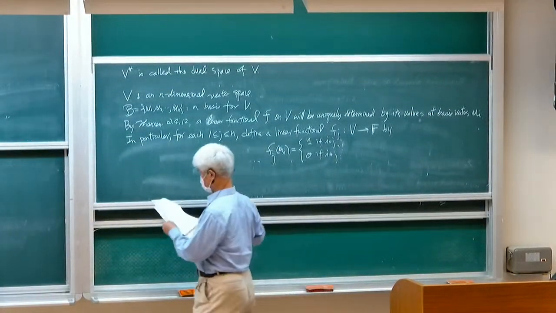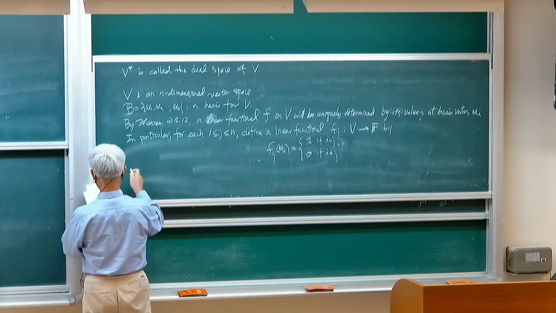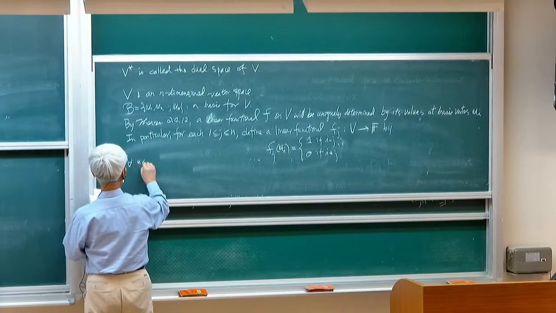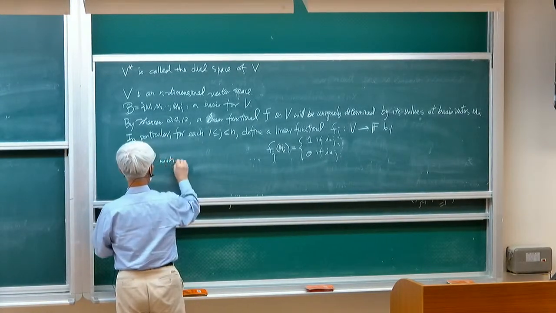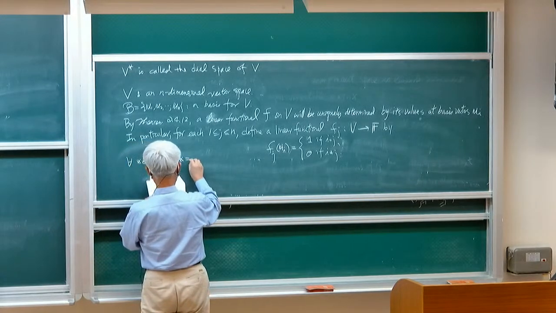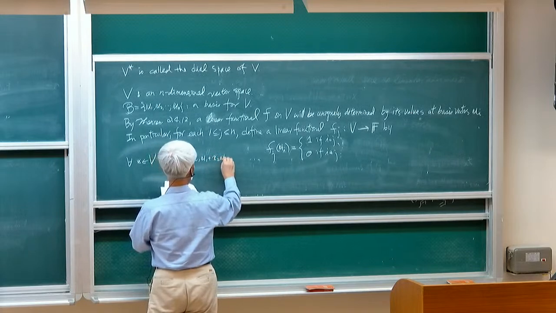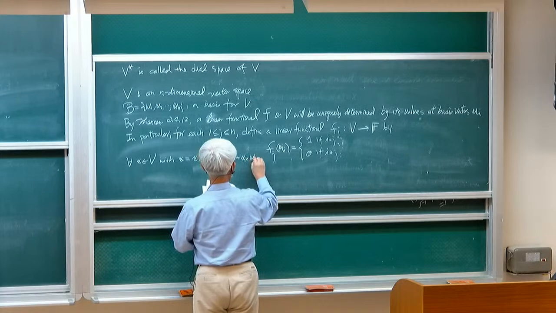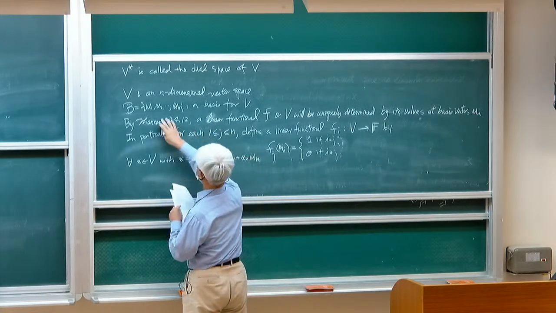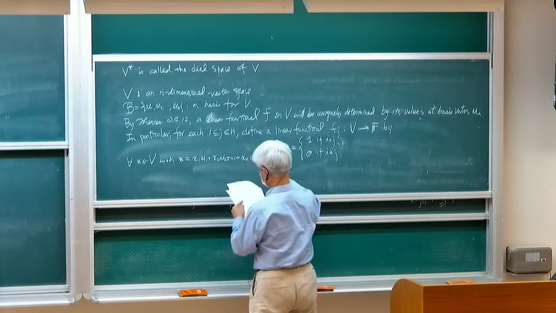Okay. So now for all x in the vector space, x can be written as a unique linear combination of the basis vectors in this basis B. Okay, so this is the unique representation.